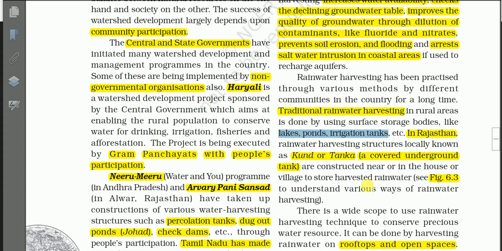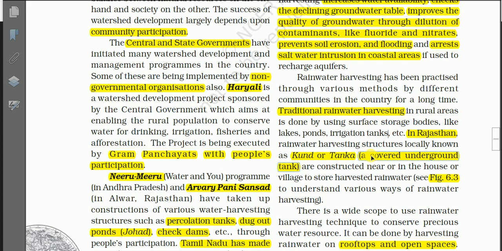So we have been harvesting rainwater by constructing different hydraulic structures like lakes, artificial lakes, that is dams, then ponds, irrigation tanks, etc. In Rajasthan, rainwater harvesting structures locally known as kund or tanka are constructed near or in the house, or in the village to store harvested rainwater.